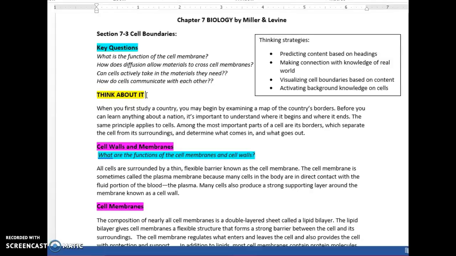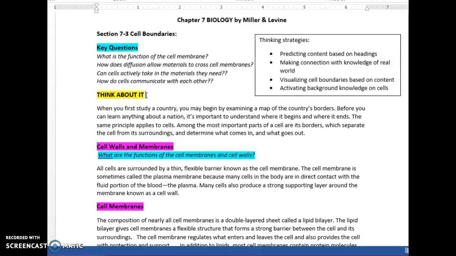So when I read that paragraph, I'm visualizing. I have viewed a map before, I have read a map before, I can visualize state to state borders based on a globe.